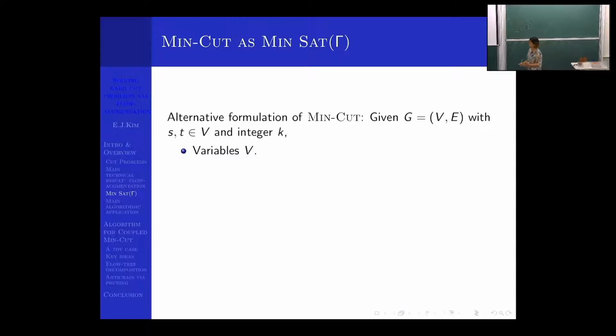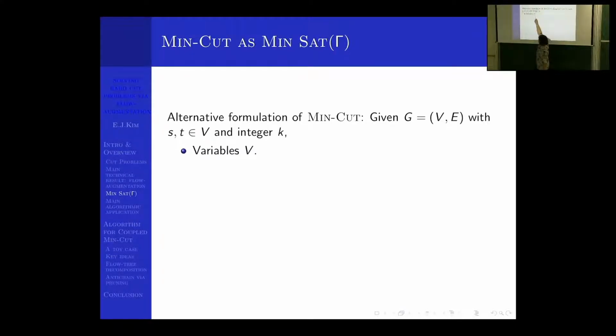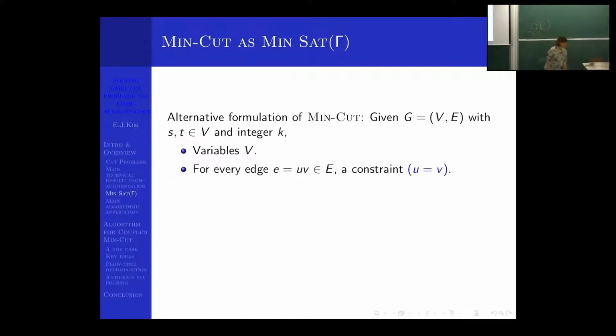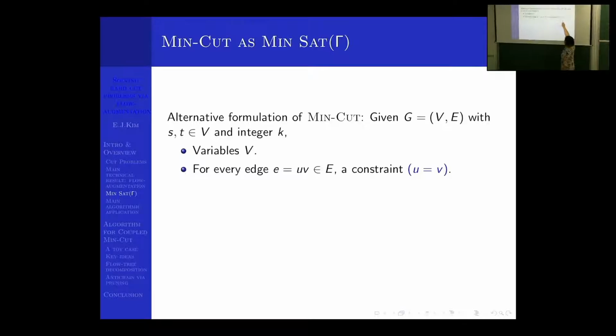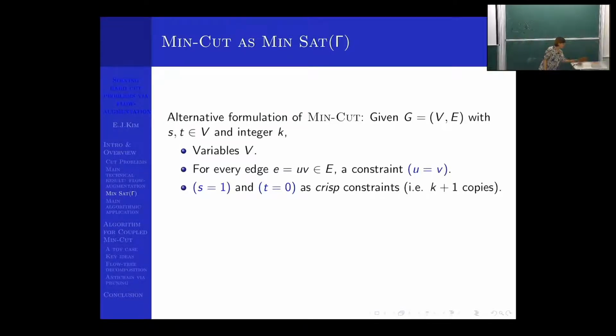From this input, we take the variables as a copy of the vertex set. For every edge of the graph, I introduce the constraint that U should be the same as V, the equality constraint.